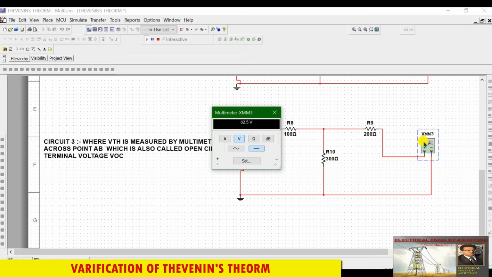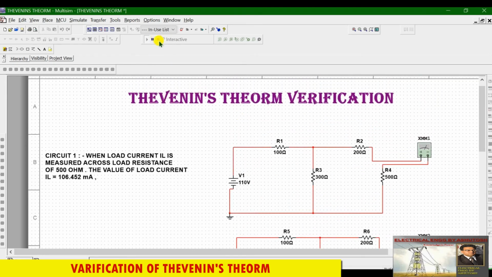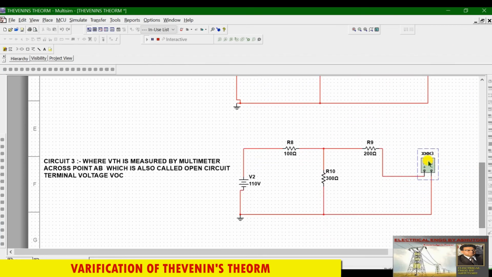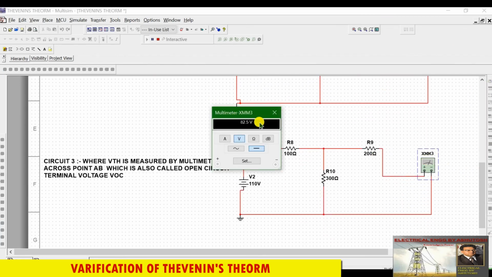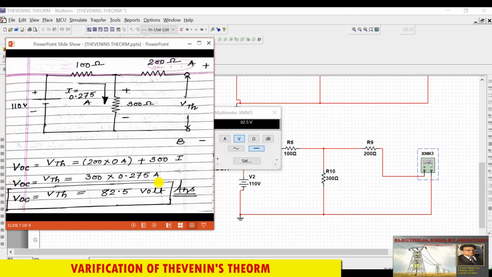When you run the simulation, you can stop by clicking on this red button, and you can run the simulation by clicking on the green button. So it is giving VTH 82.5, and you can see in the PowerPoint presentation what we have calculated. VTH is 82.5.